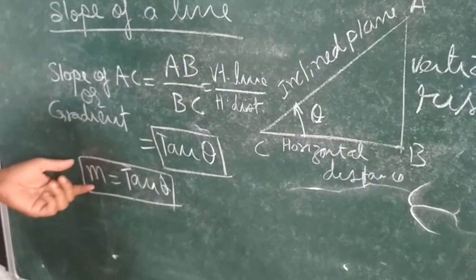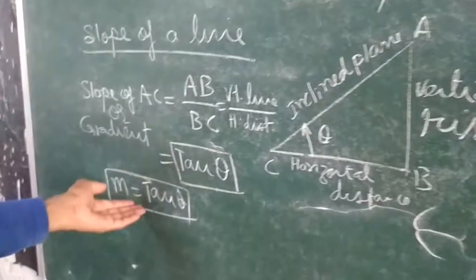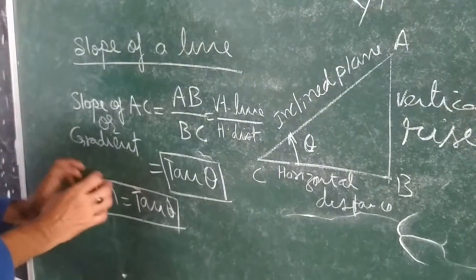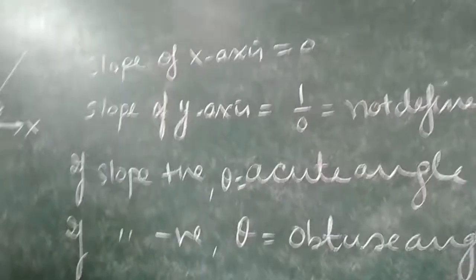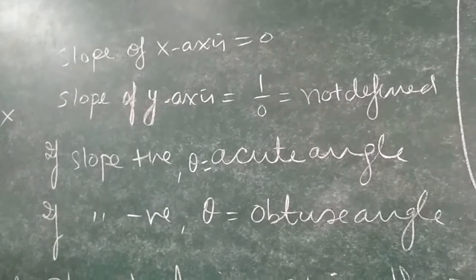This is the definition of the slope in this chapter. We can apply the same formula, the same definition, to different situations of the line. Now the slope formula is clear: m equal to tan theta. The slope of the x-axis is 0.